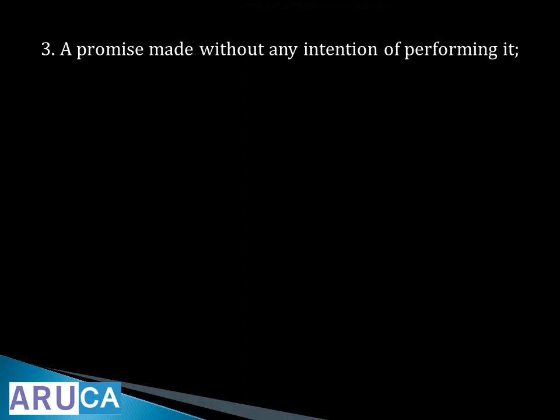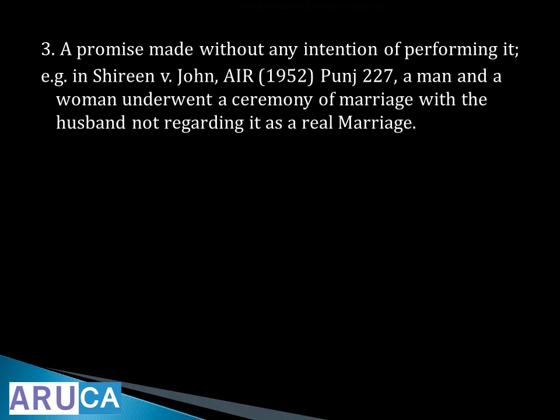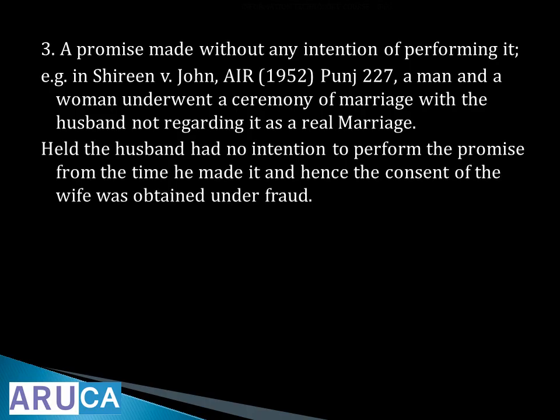A promise made without any intention of performing it. Shirin versus John. A man and a woman underwent a ceremony of marriage with the husband not regarding it as a real marriage. Means what? Husband was thinking it is not a marriage, but he was performing it.